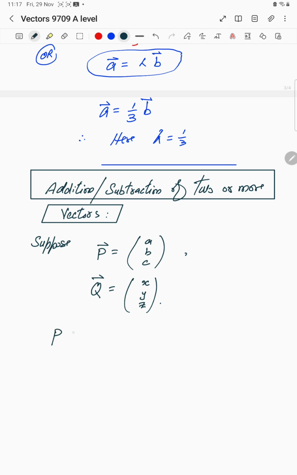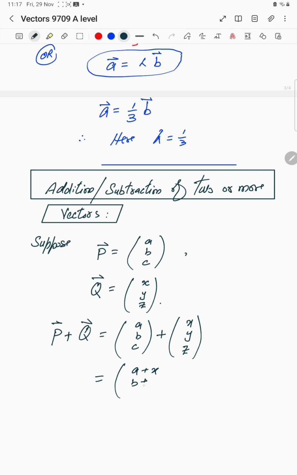So for vector p plus vector q, you can write them in any order. p plus q is the same as q plus p, and you need to add the respective components of both, that is a plus x, b plus y, and c plus z. This is how we can add.